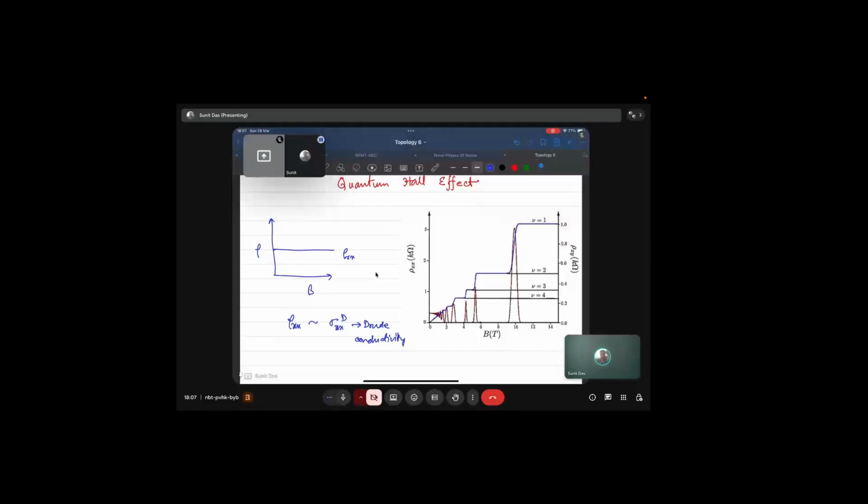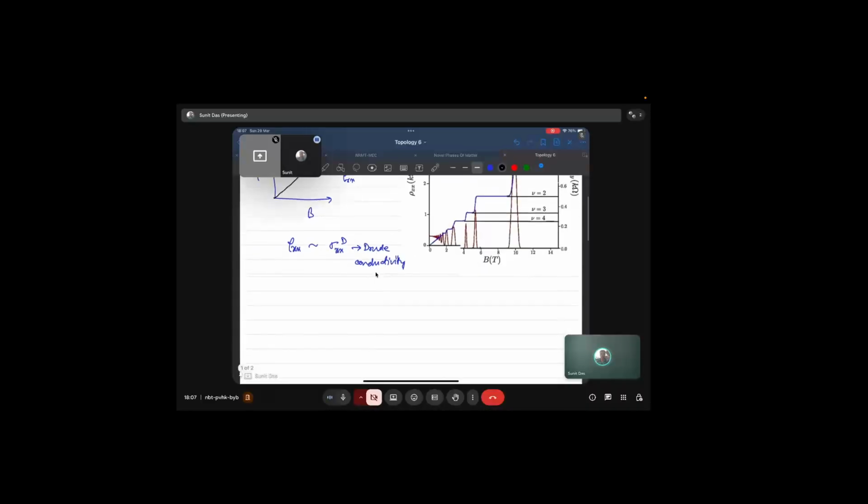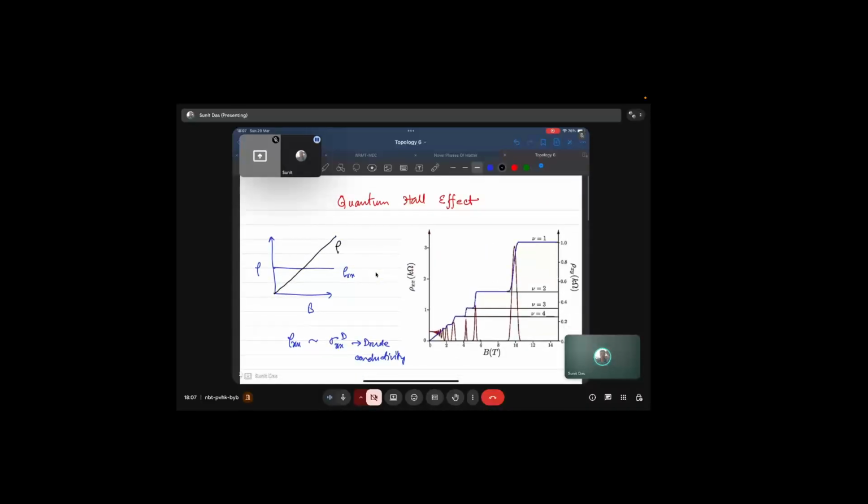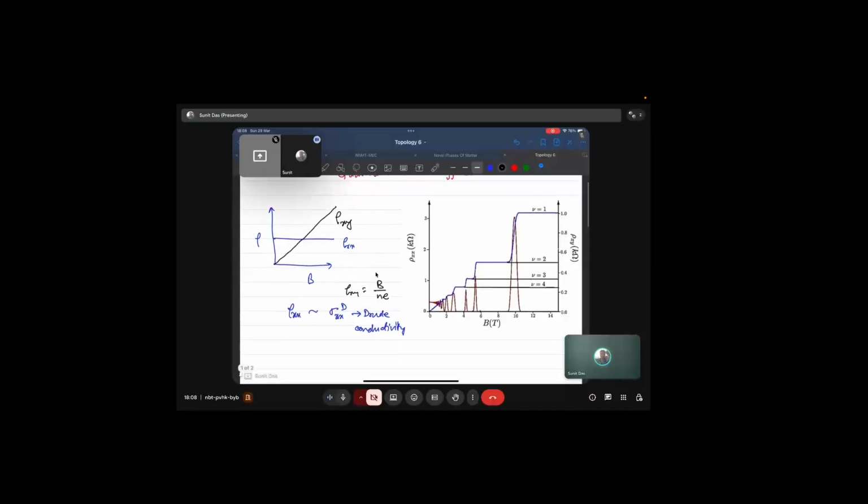And there is a transverse resistivity, which appears only when you apply some finite magnetic field, which was something like this, rho xy, and rho xy was B by Ne, right? Let's say if we are considering electrons only, then this is B by Ne.